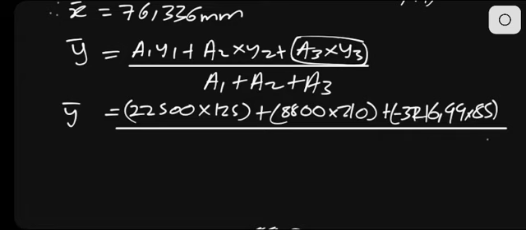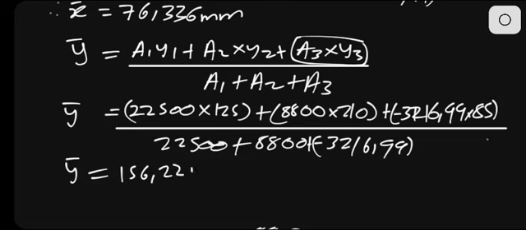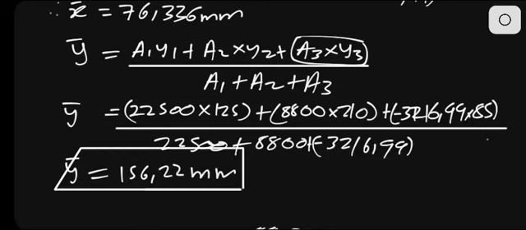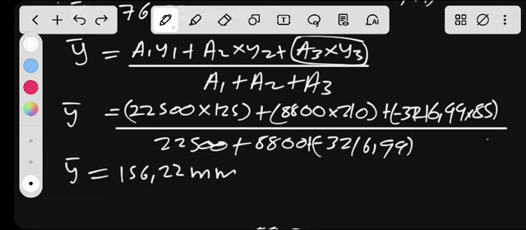Divide this by area 1, we add 22500 plus 8800 minus 3216.99, or you can say plus and put the brackets like this, but it will still be negative. So y bar there, we're supposed to get 156.22. Wow, this is in millimeter, so this is what we'll have there. All right, that is what we'll have in this typical question. We are done.